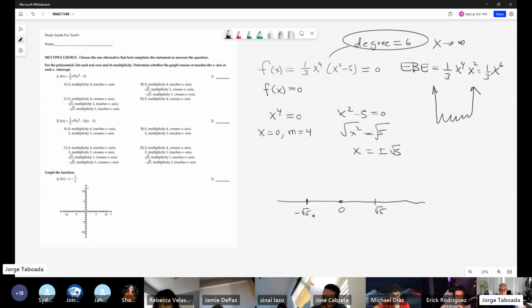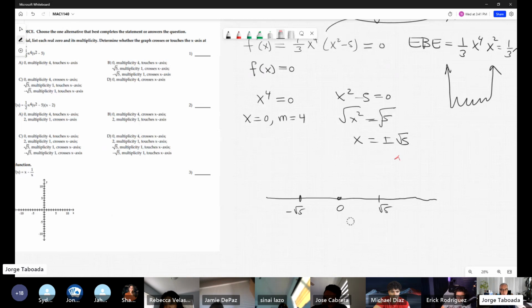Our graph of the polynomial, in my opinion, looks like that. Cross it, touch it, and cross it. Of course, guys, I am making a mess. This actually is not like that, because remember, the graph of any polynomial is a smooth curve. Smooth indicates also a case like that.